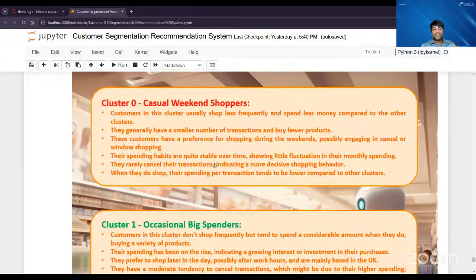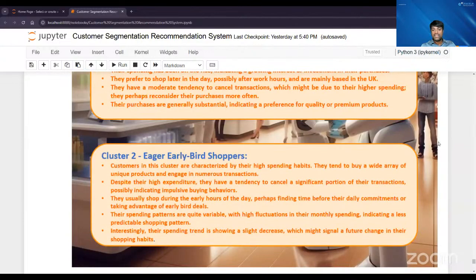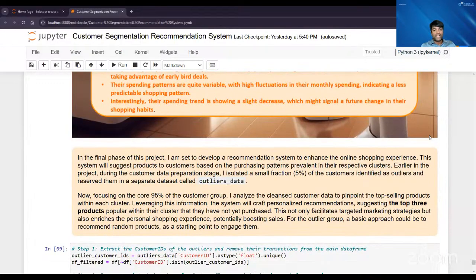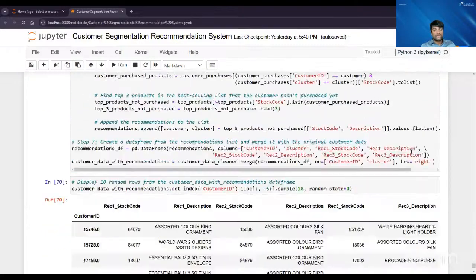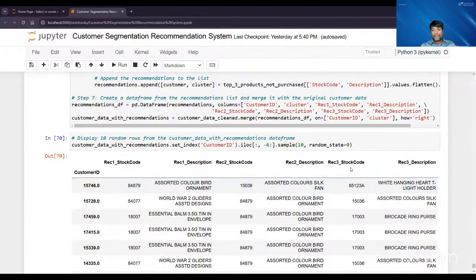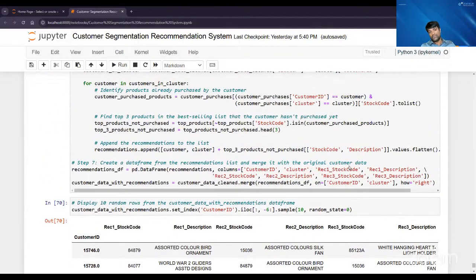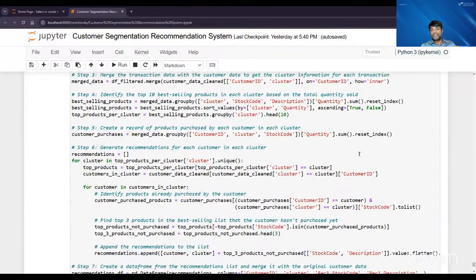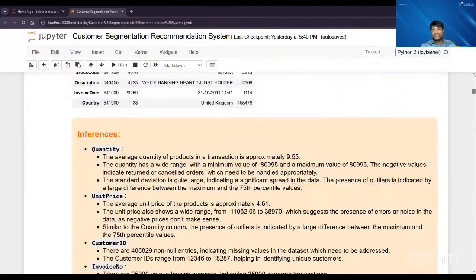These are basically casual weekend shoppers, cluster 1 is occasional big spenders, and cluster 2 is early bird eager shoppers. So this is how we have identified our customers, and this is how we identified the top products. So this is what the data is about. It's a very interesting dataset and a very interesting project as well.